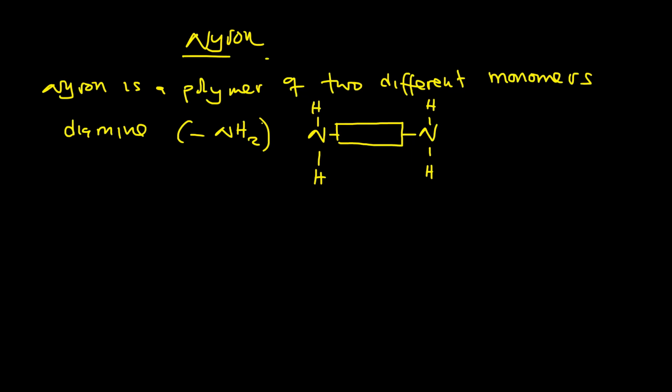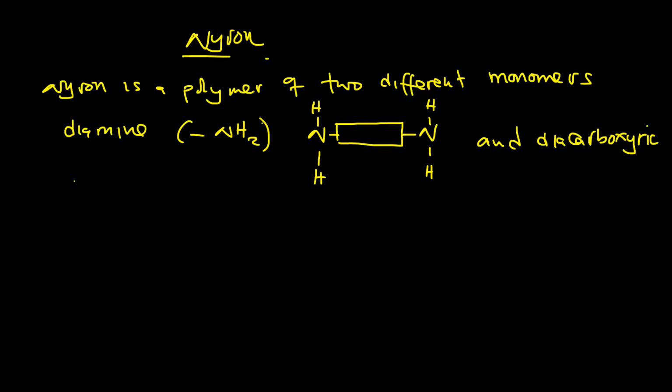So the monomers of nylon are diamine and dicarboxylic.